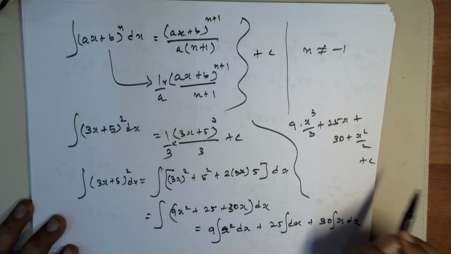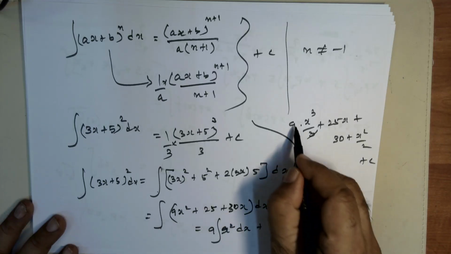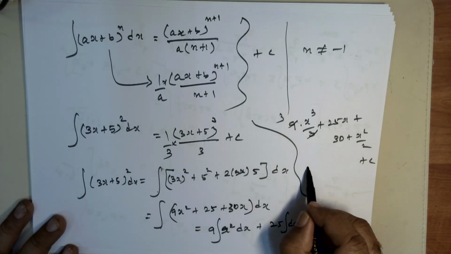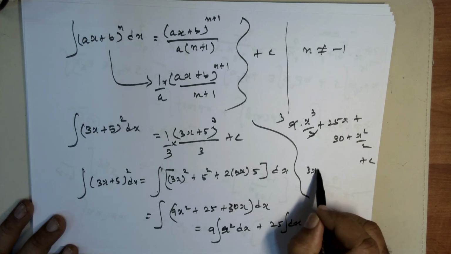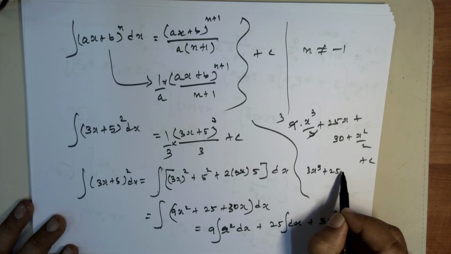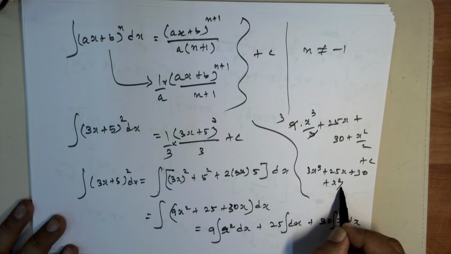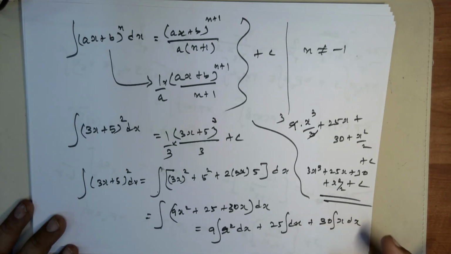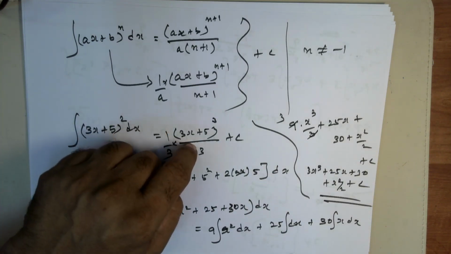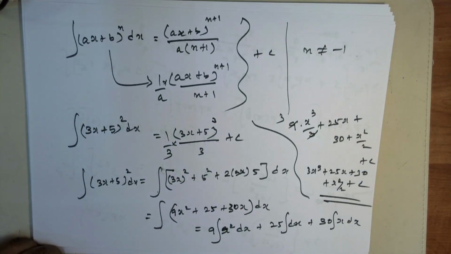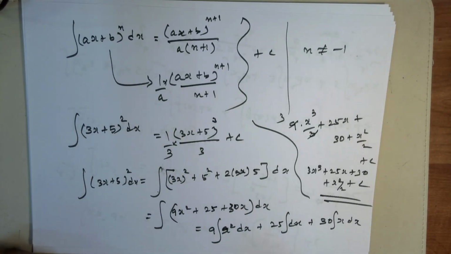Do you understand? Plus c. So you will have 3x cube plus 25x plus 30 times x squared by 2, plus c. This is also a correct answer, but it's a lengthier one. Are you able to follow? But instead you can adopt the simple strategy here.